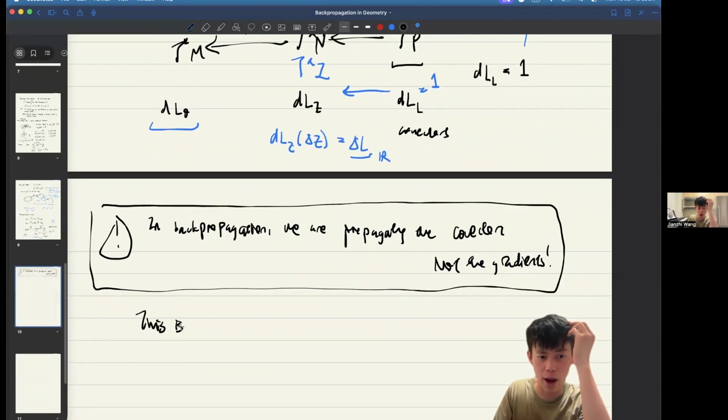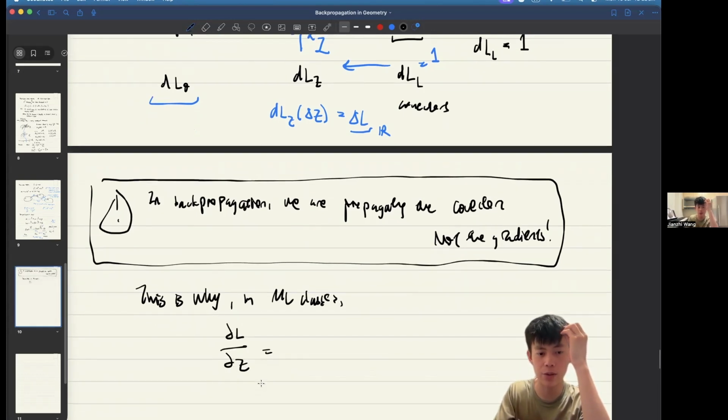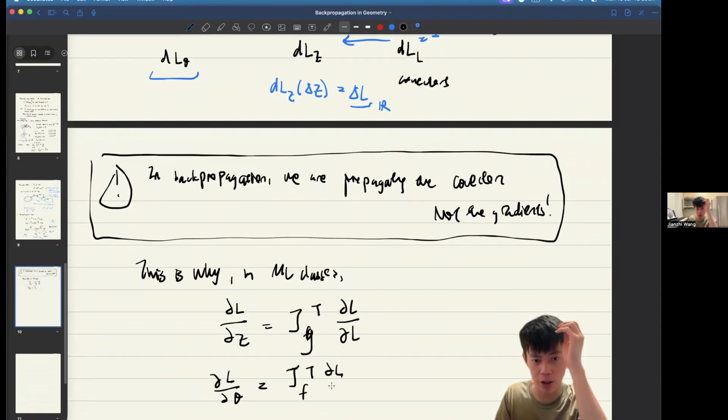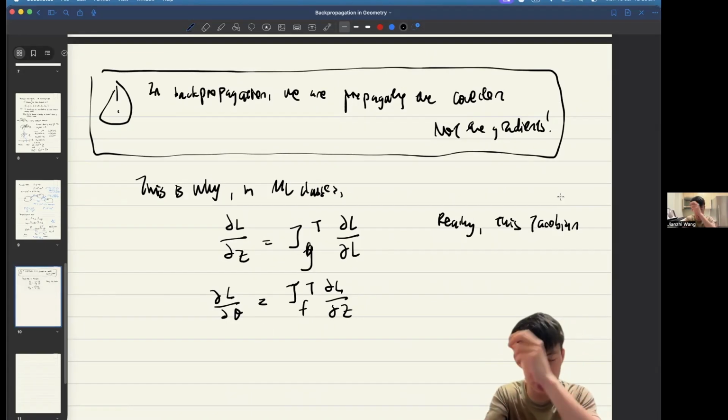This is why in machine learning classes, we often see things like this. Partial L partial Z is equal to the Jacobian of the function G transposed times partial L. And partial L partial theta equals the Jacobian of F transposed times partial L partial Z. The Jacobian here is obviously a matrix because we have given it some coordinates, right?